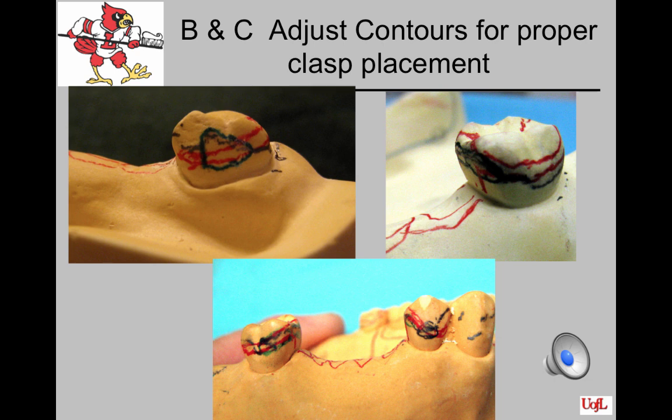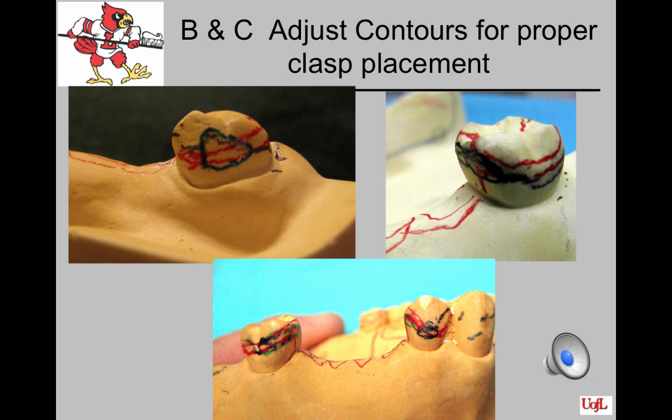This area will be adjusted with a tapered diamond burr and laid along the facial surface of that tooth so that that survey line will be lowered the next time you place it on the surveyor after the mouth preparations are done.